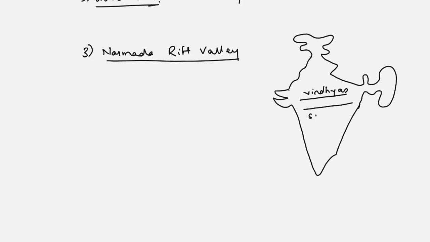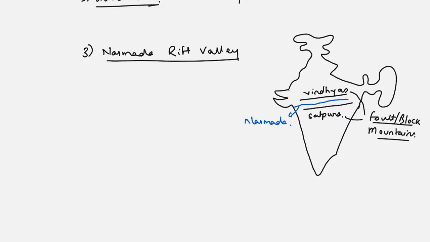Between these two mountain ranges, we have the flow of the Narmada River. To our surprise, both the Vindhyas and Satpuras are fault or block mountains. They formed almost around 50 to 60 million years ago.